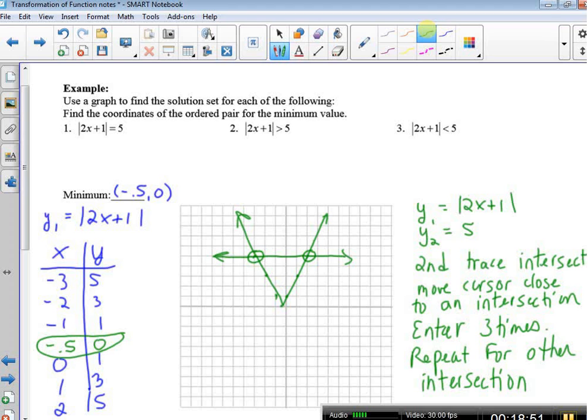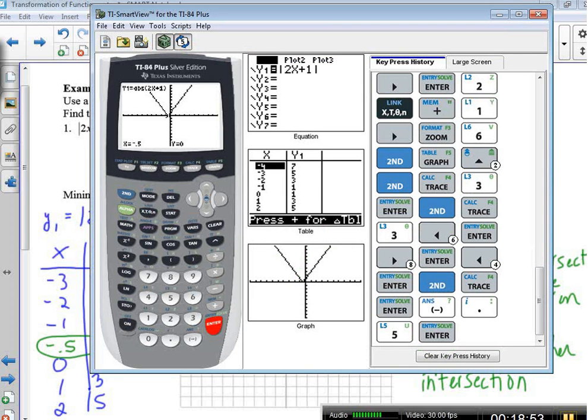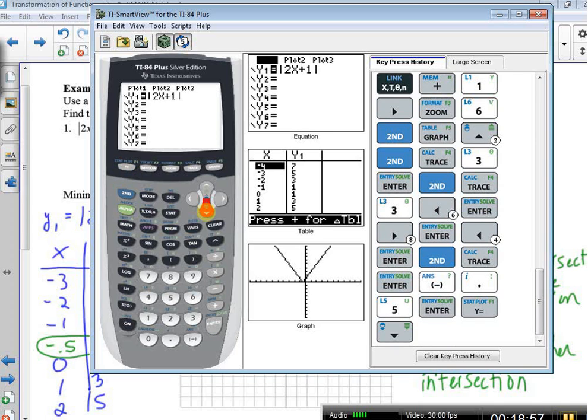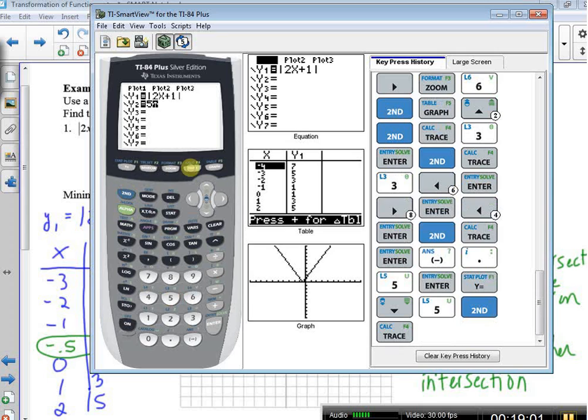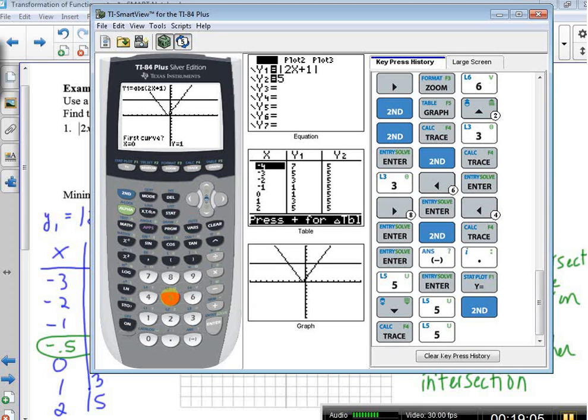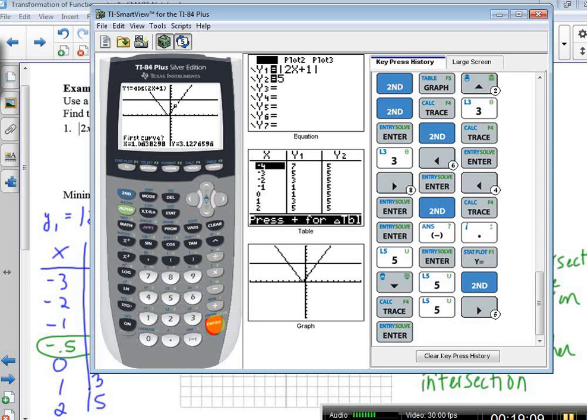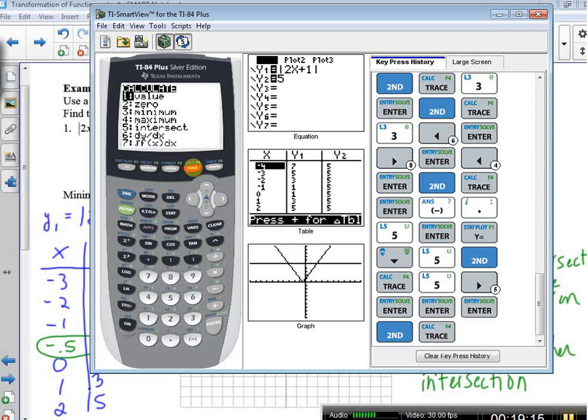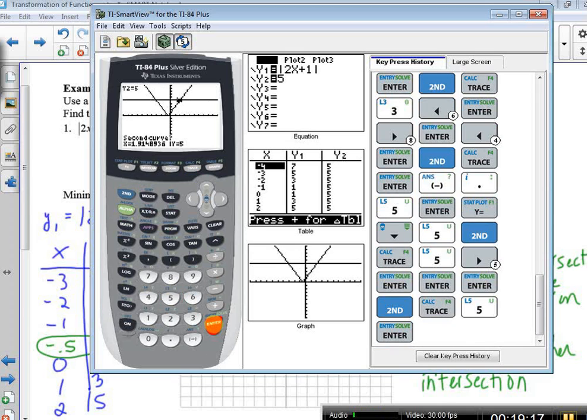Okay, so I'm going to go and type in y equals y2 is 5, second trace number 5, and I'm going to just kind of move the cursor close and enter, enter, enter. 2, 5.